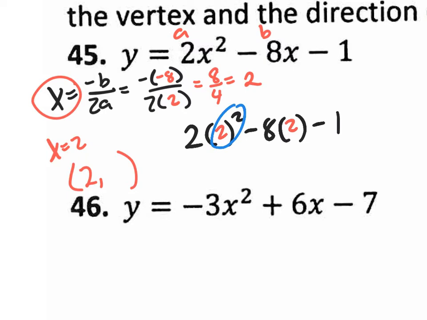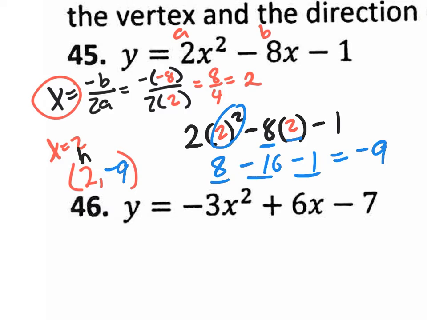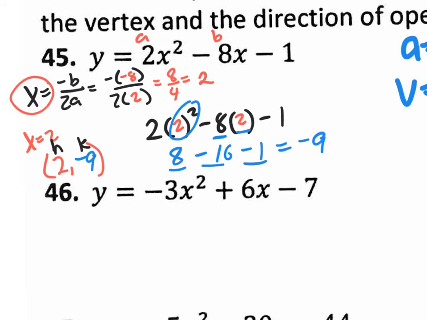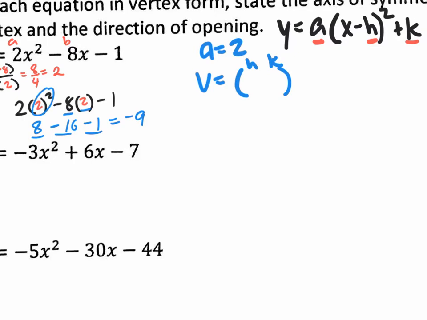Exponents first. 2 squared is 4. 2 times 4 is 8. 8 times 2 is 16. Bring down the minus 1. So 8 minus 16, that's negative 8. Minus 1, that will be a negative 9. So my y value is negative 9. So technically, I have found my h value being 2 and my k value being negative 9.